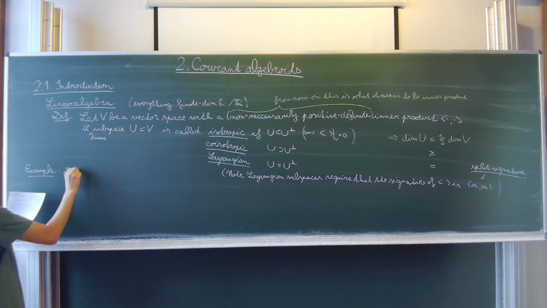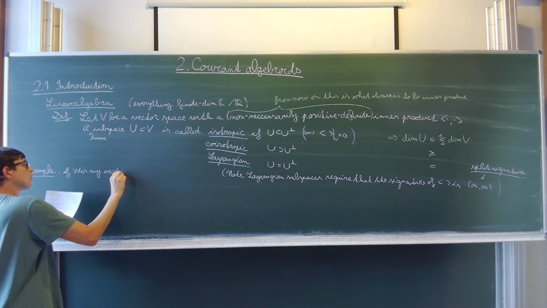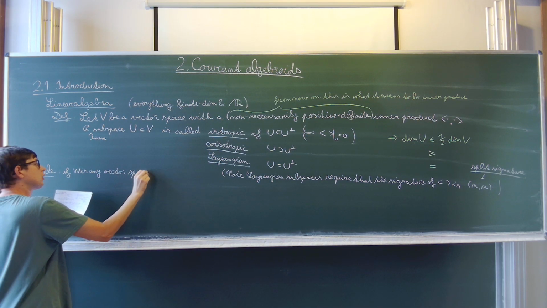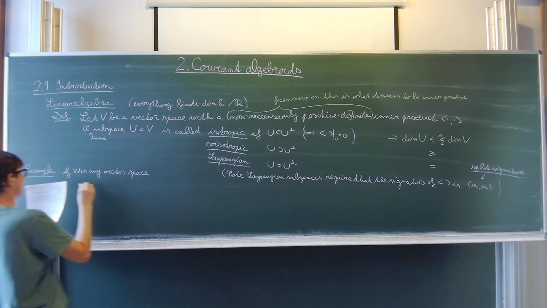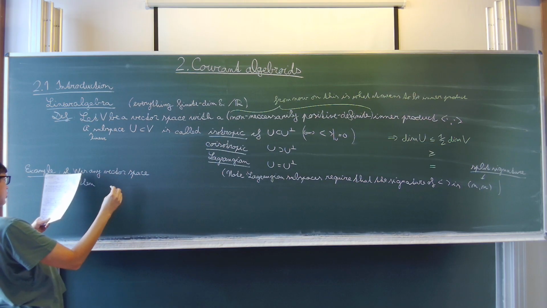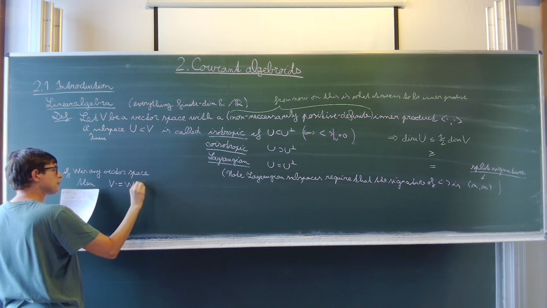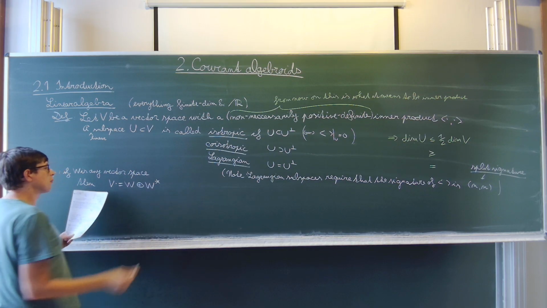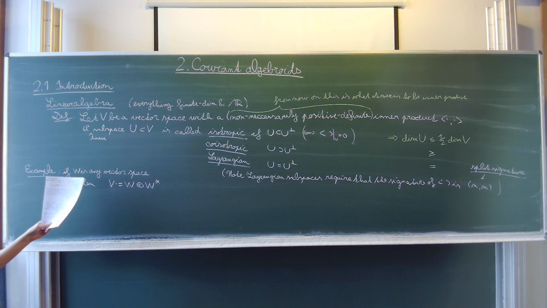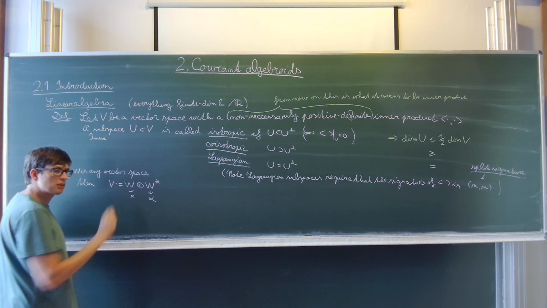If W is any vector space, then we can construct a nice example which is of split signature. We define V to be the direct sum of W and its dual. We can call elements here x, and here Greek letters, alpha.